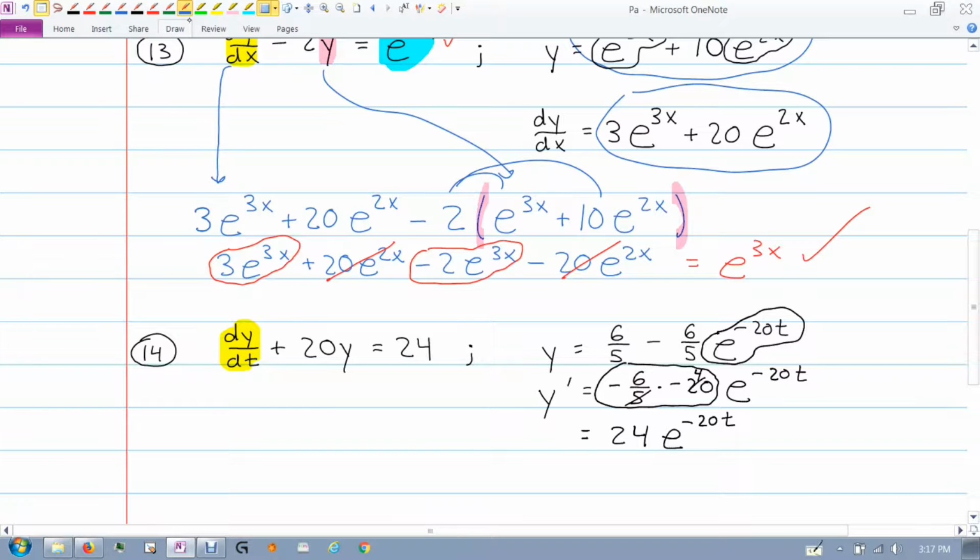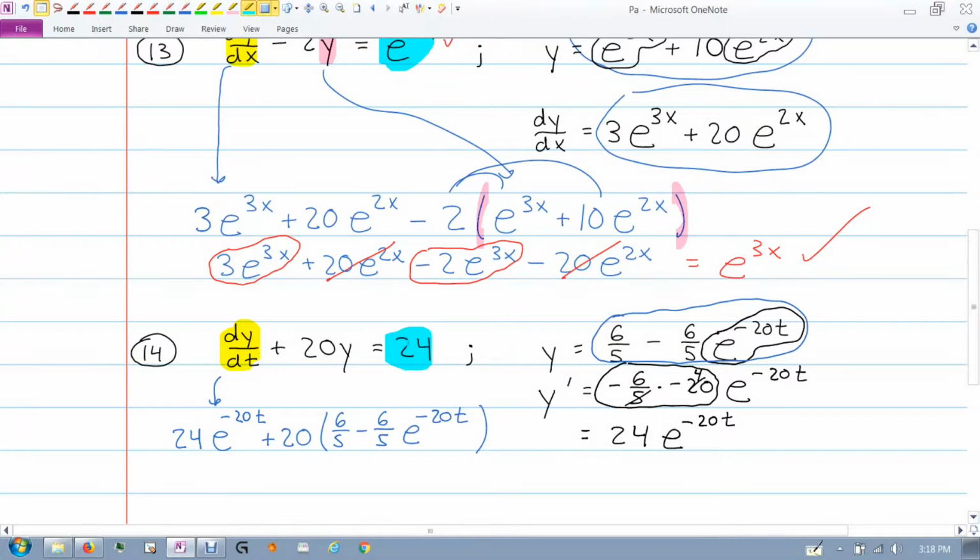We're ready to start plugging in. So this becomes 24e^(-20t) + 20 times, here comes that very important parentheses again, times y, and here is y: 6/5 - 6/5 e^(-20t). We're hoping at the end of this that it's going to be equal to 24.